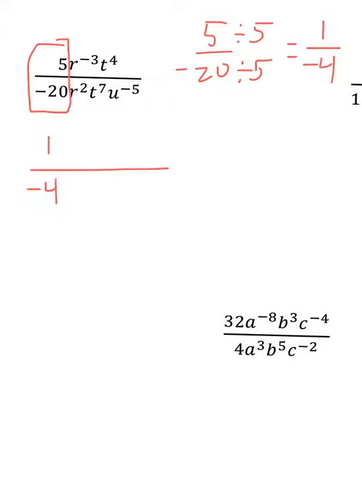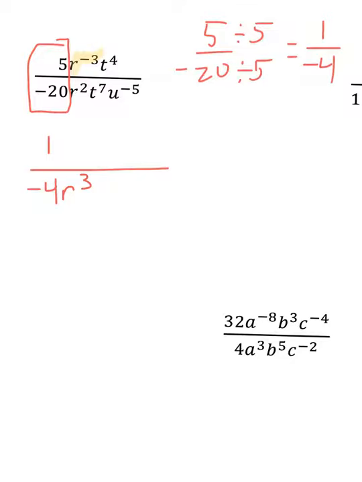Now there are a couple of ways we could do this next step. The first thing I want to do this time is make all of my monomials happy. Okay, so we have our r to the negative 3, he's sad. So we want to flip him, put him on the bottom. We have r to the 3. He's positive now, happy there.